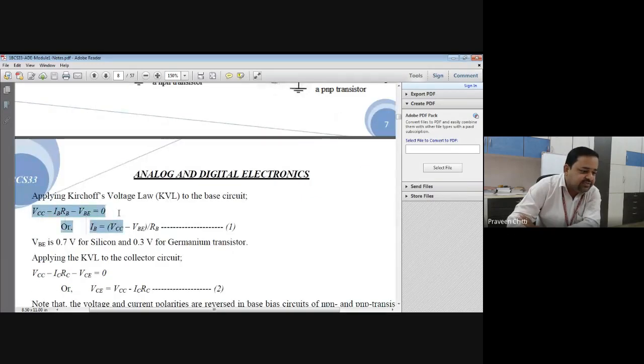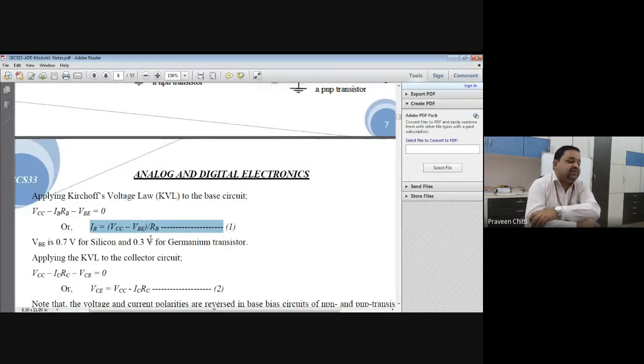If you rearrange the terms, I can write IB into RB equal to VCC minus VBE. Therefore IB equals VCC minus VBE divided by RB. From this equation, you can see that VCC is constant, RB is constant, and VBE is also constant, which depends upon the type of transistor used. The value of VBE is 0.7 volts for silicon and 0.3 volts for germanium.